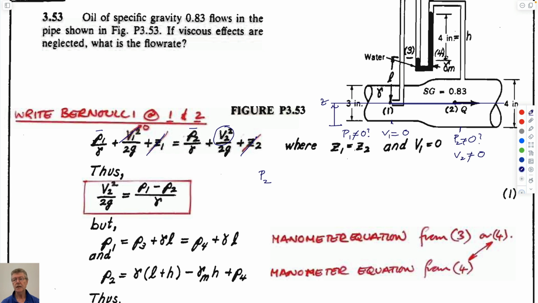So this is minus H plus L times unit weight of the flowing fluid, right? We go up from here, we go up L, we go up H, and we get to this point here. We come down, so we add H times the gauge fluid.